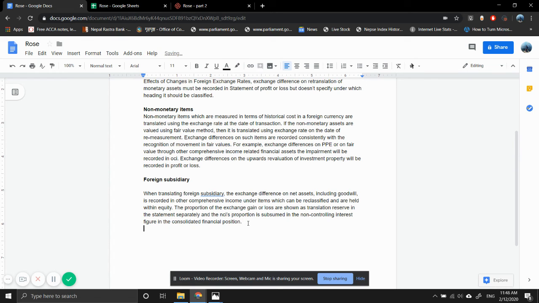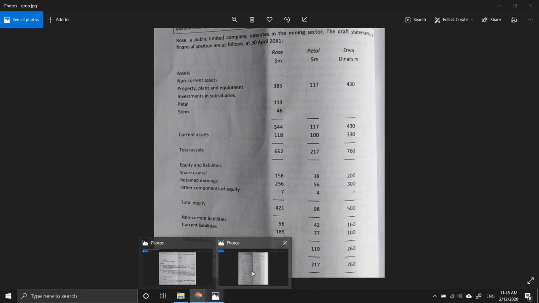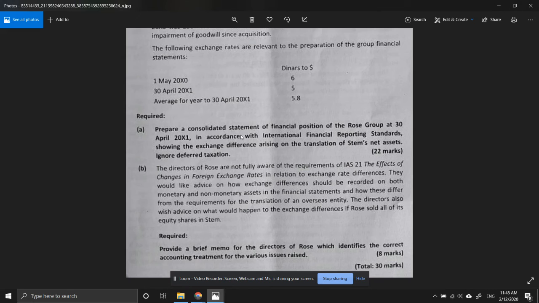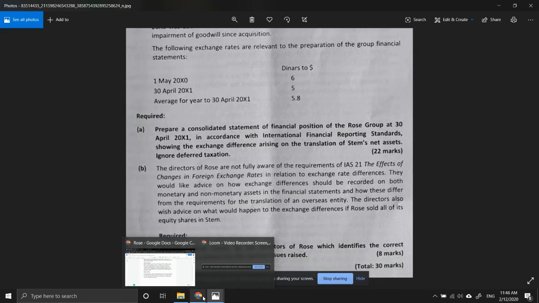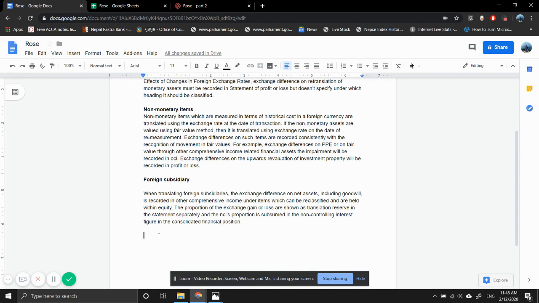Right. Okay, once that's done, what else do we need to talk about? The directors also wish advice on what would happen to exchange difference if Rose sold all its equity shares in STEM.